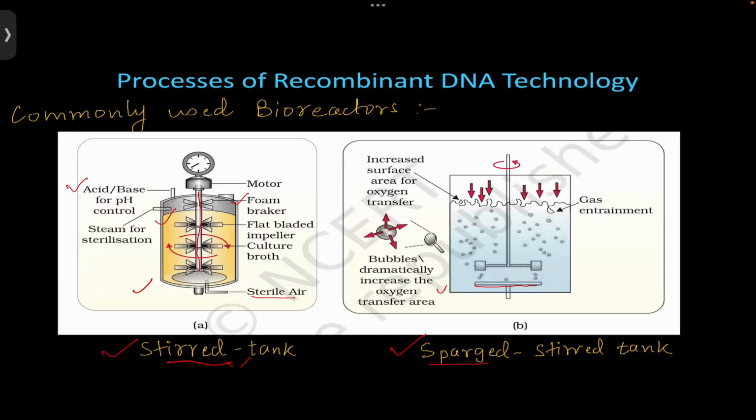For that purpose, any gas like oxygen is forcefully pushed into the contents of the bioreactor. Here, agitators are there, and gas is sparged. This is called sparging actually.